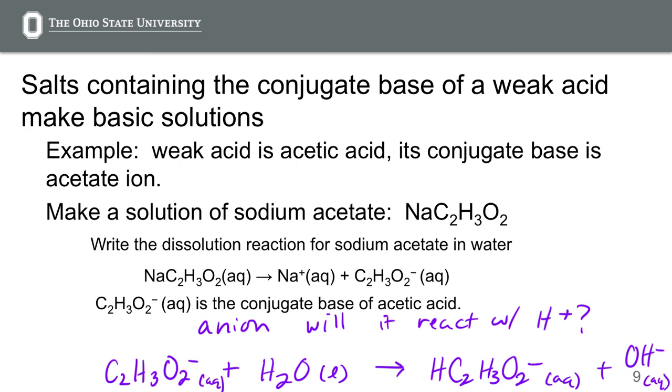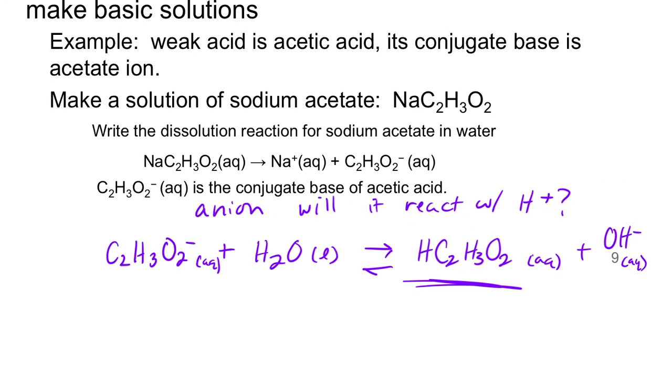Oh, hang on. We need to erase this minus sign. So does that reaction happen? Yes, it does. The reason we know that is that this is not a strong acid. So this is an equilibrium that can happen. So this reaction occurs. We can tell because a weak acid is formed.